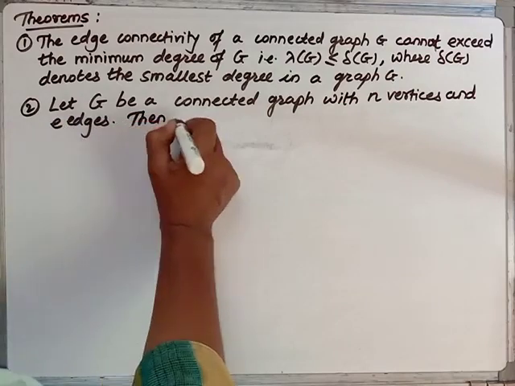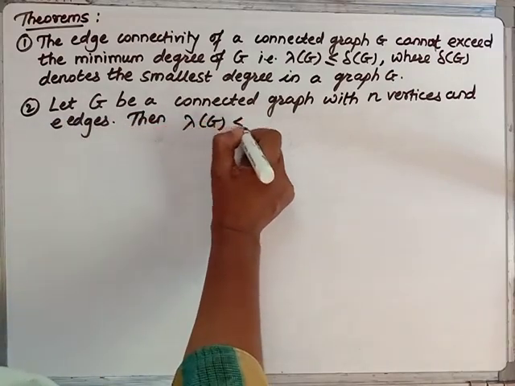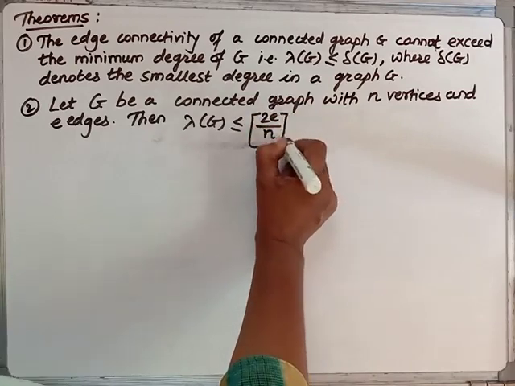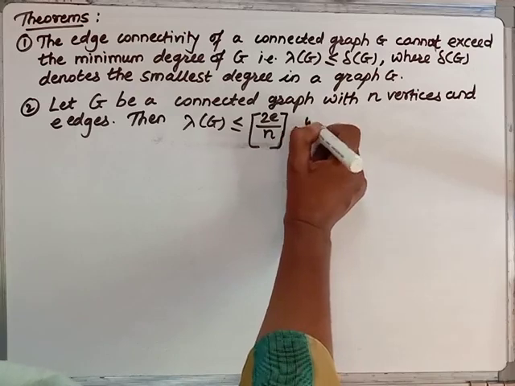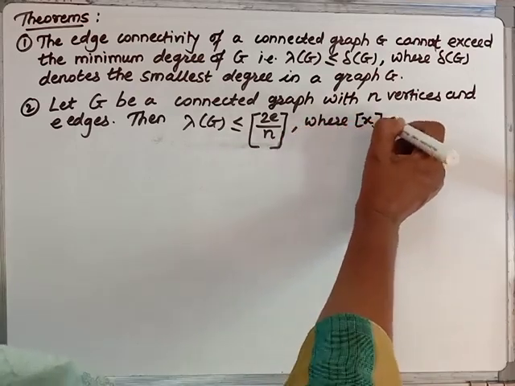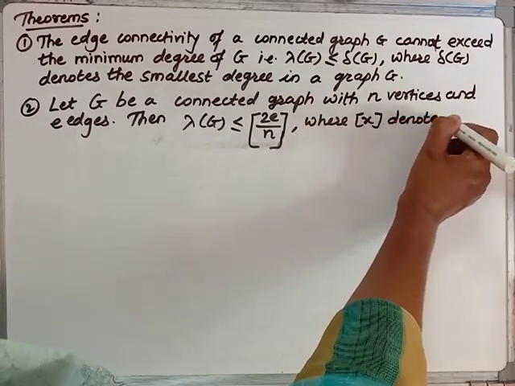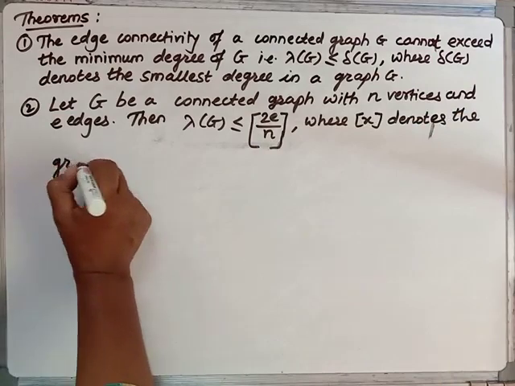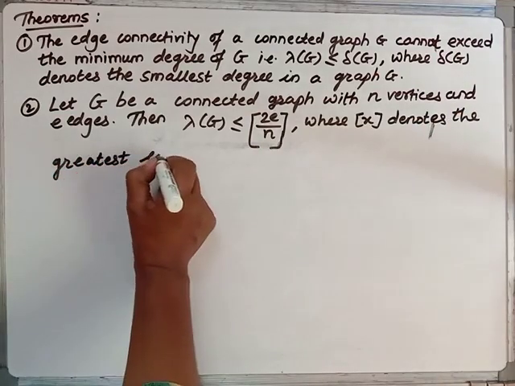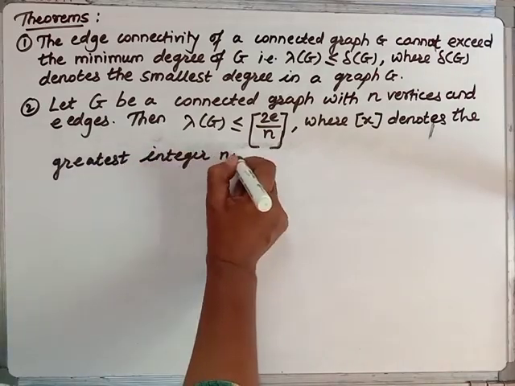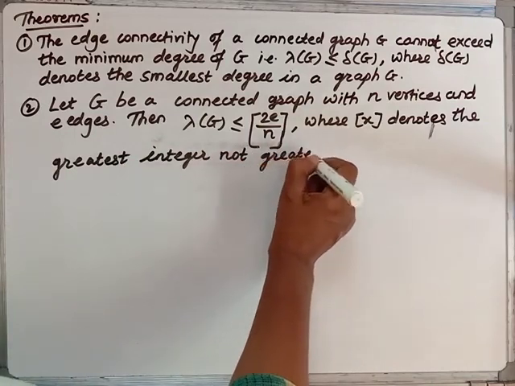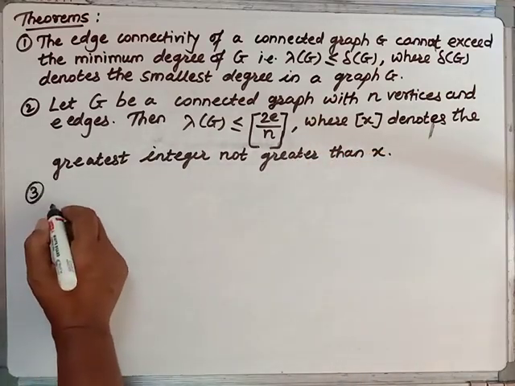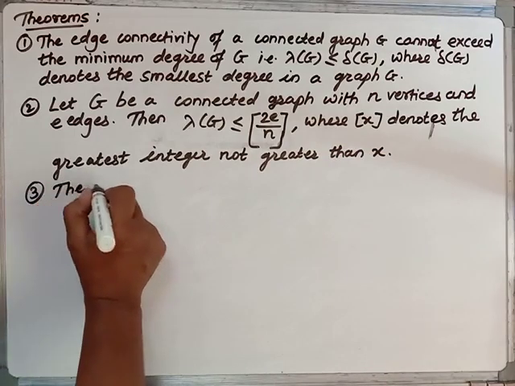Then lambda of G is less than or equal to the integer part of 2e upon n, where the floor denotes the greatest integer not greater than x.